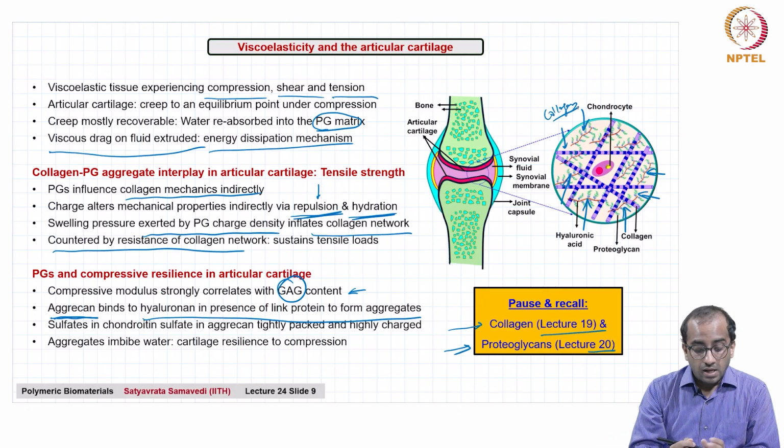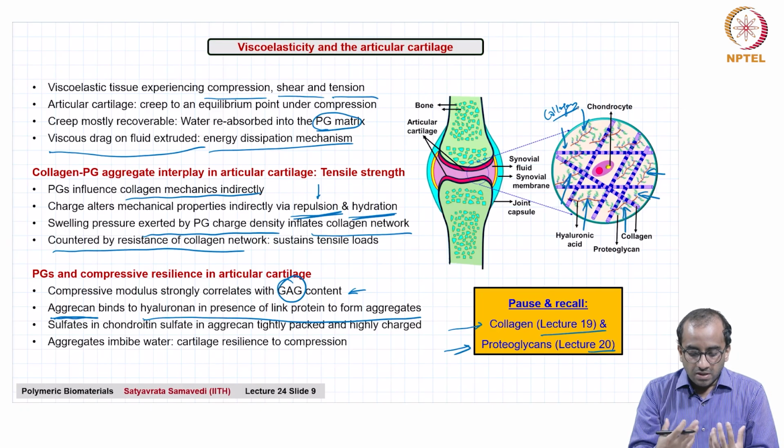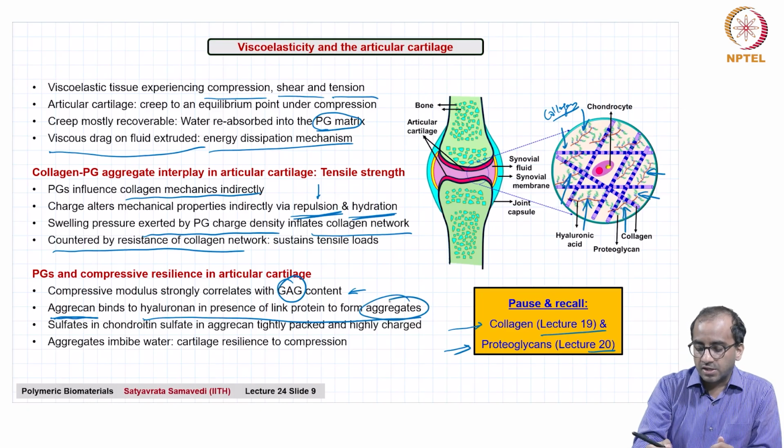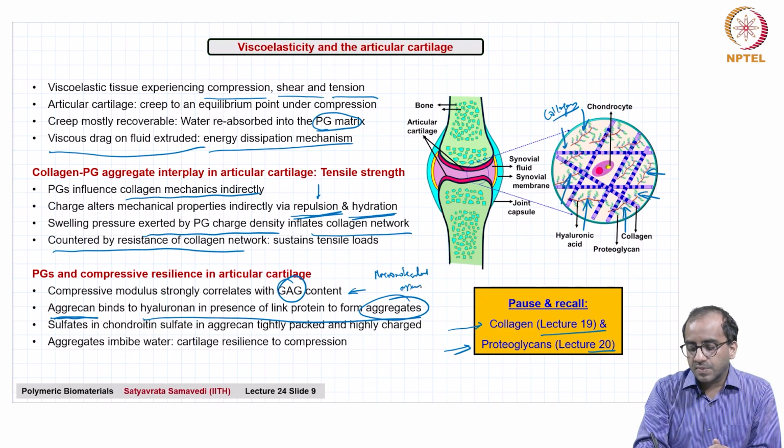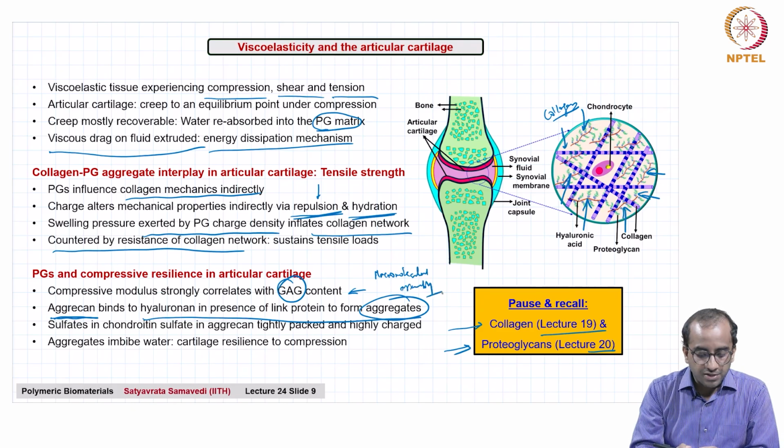So, aggrecan is the proteoglycan, and you can think of the GAGs being chondroitin and keratan sulfate, and there is some kind of a macromolecular assembly that happens because of aggrecan binding to hyaluronan in the presence of a link protein to form these aggregates. So, this would be what you would call macromolecular assembly, the formation of these aggregates.